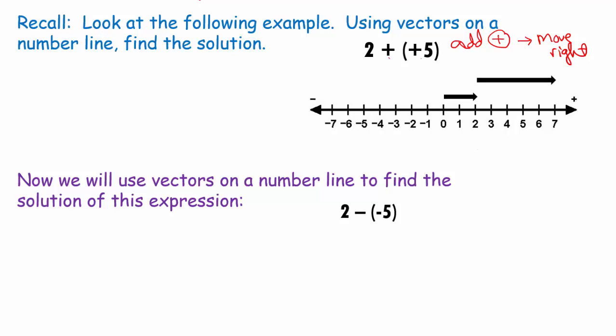Very good. Now we're going to use vectors on a number line to find the solution of this expression, 2 minus a -5. Well, we just discussed on the last slide, when we subtract a negative, we move right. Because you'll remember, if you subtract a positive, like 6 minus a +9, you need to move left.